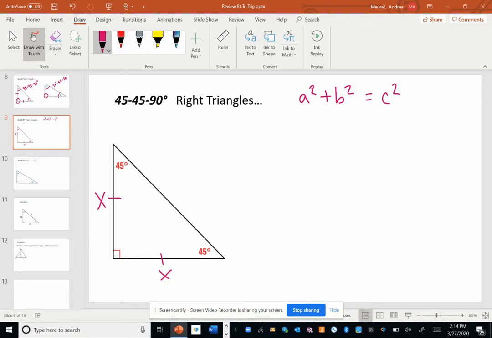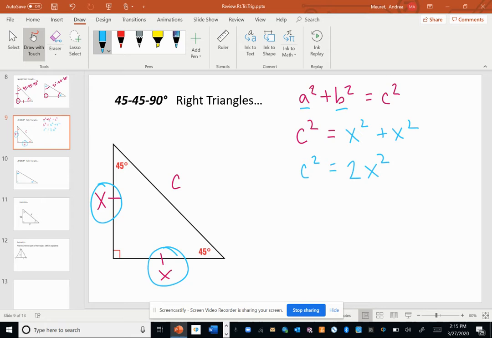So if we say this is c, what I know is that c squared is equal to x squared plus x squared, since a and b are both the same in this example. So x squared plus x squared, or c squared, is equal to 2x squared.